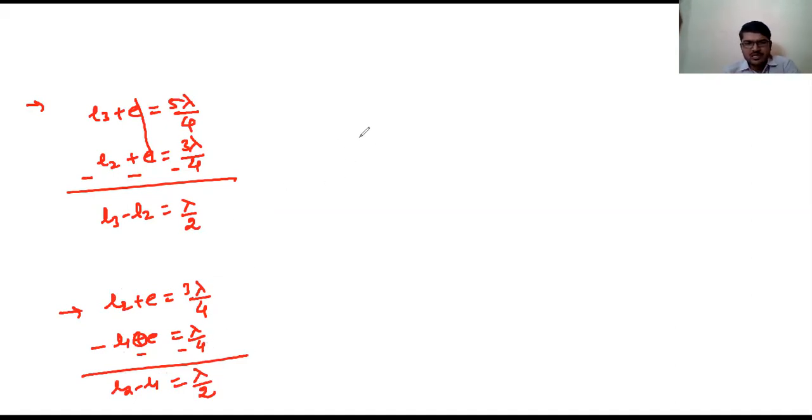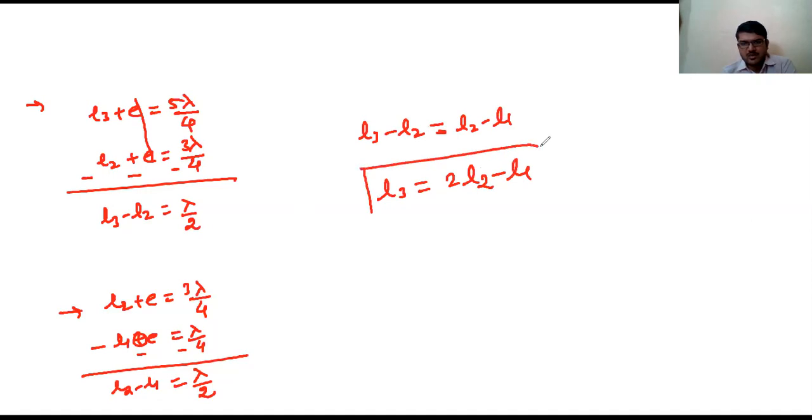So you can see L3 minus L2 should be equal to L2 minus L1. Both are lambda by 2 only. So from this equation, if I want L3, I can write 2L2 minus L1. This is the formula we got for the third resonating length.